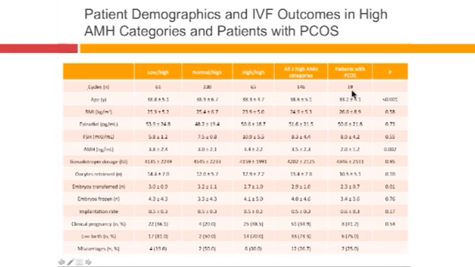You see that in an infertile population like ours, true PCOS patients are relatively rare, the numbers are relatively small. But you see that they were much, much younger than all the other groups. And this is a very important point, which recently has also been made in one or two other publications in the literature.